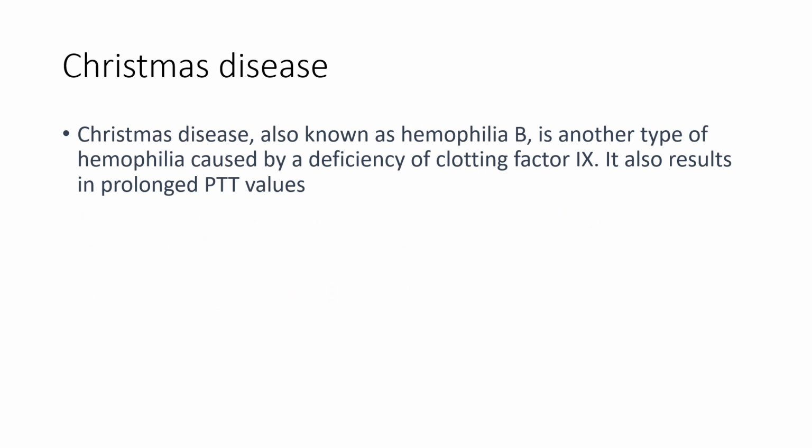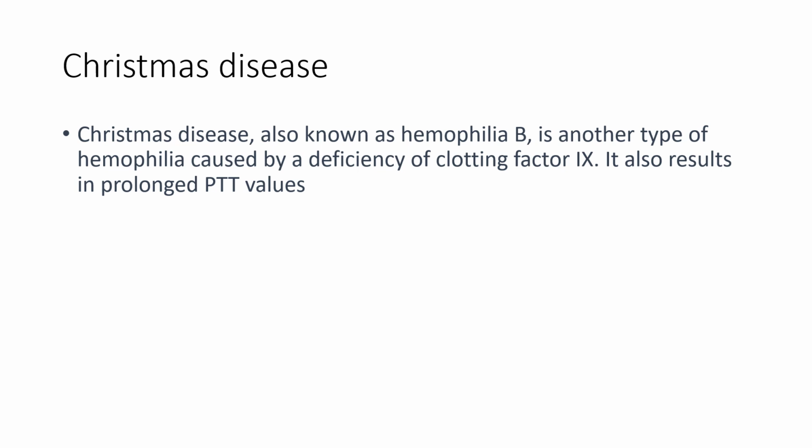Now, coming towards Christmas disease, it is also called hemophilia B, and in this disorder there is a deficiency of clotting factor 9, and it also results in prolonged PTT values.